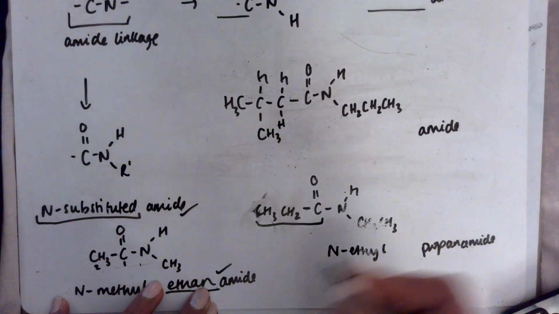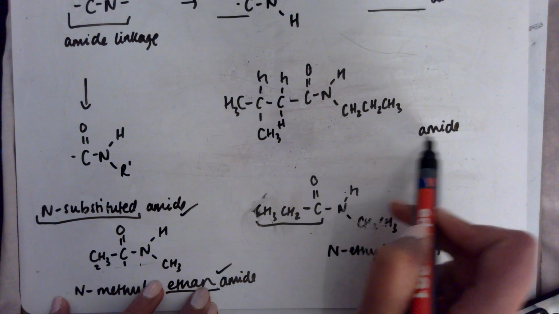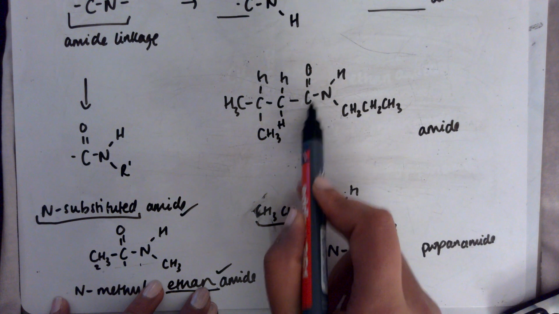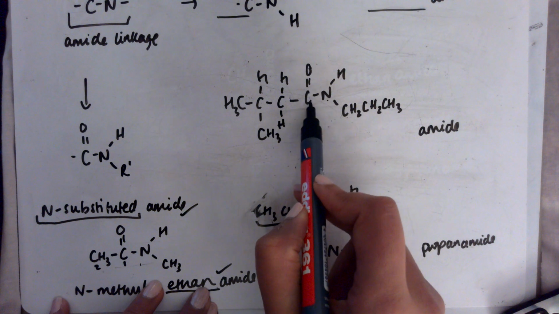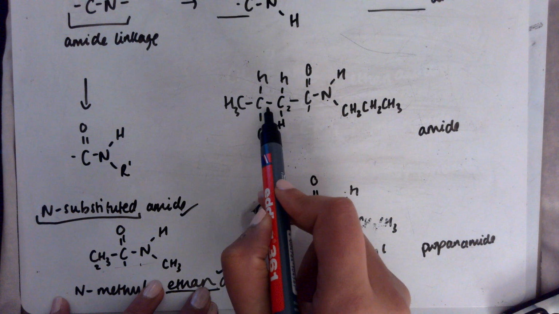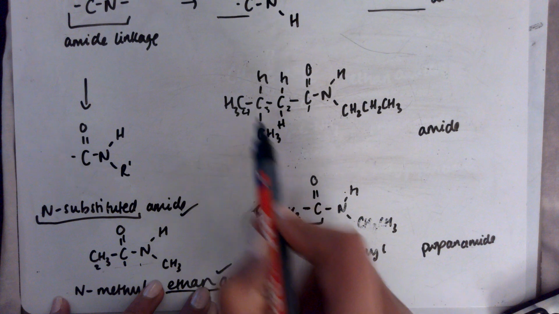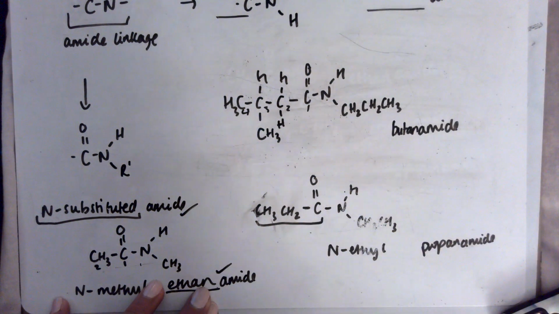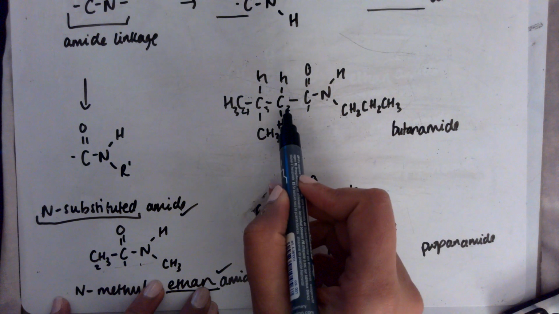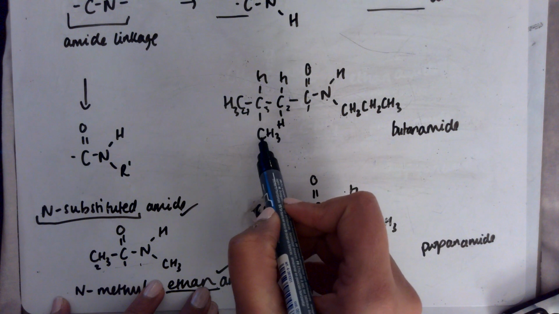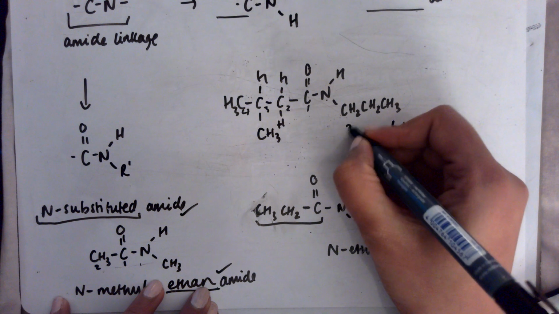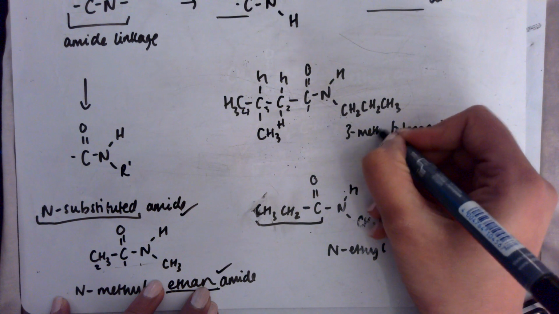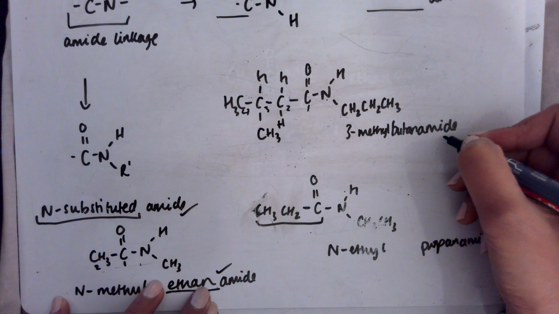I can name that. Let's look at the part that's bonded to that C double bond O in the amide. 1, 2, 3, 4 as our longest carbon chain, so I'll have a butanamide. But then on carbon 3, I have a methyl group, so I might write 3-methylbutanamide.